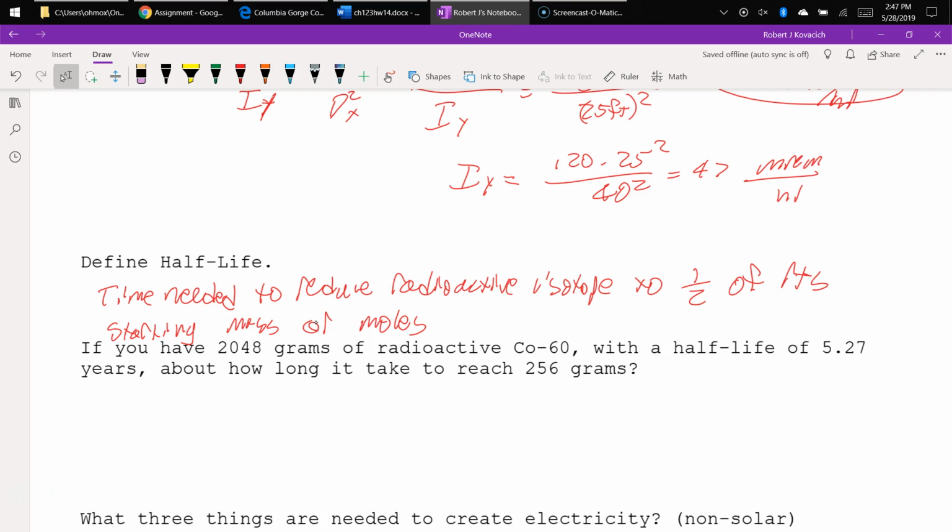Moles makes more sense, but everybody usually uses mass because it doesn't really matter. So half of the atoms are no longer that isotope once that half-life has gone by.